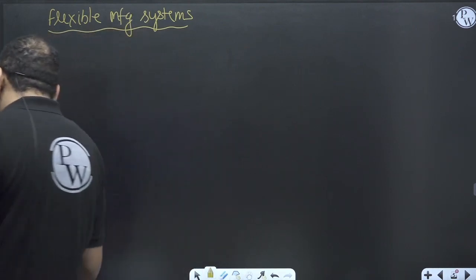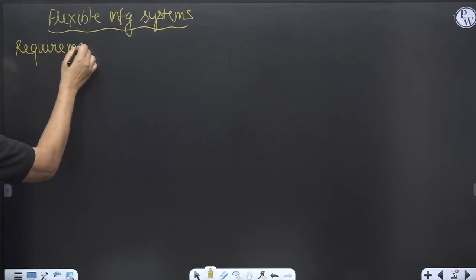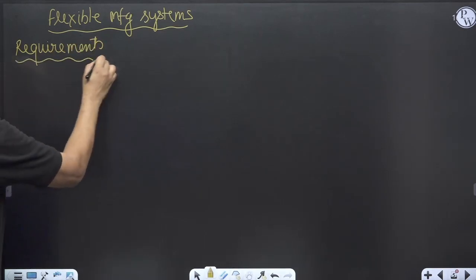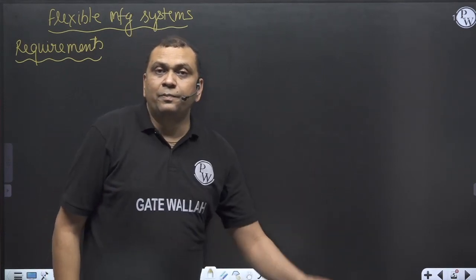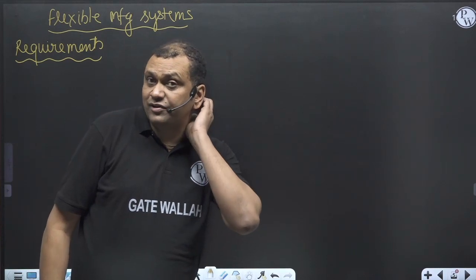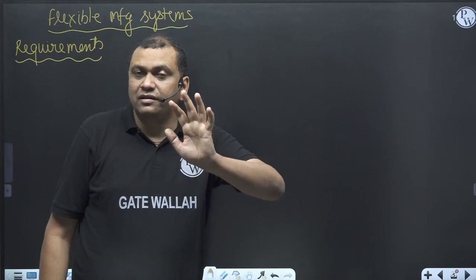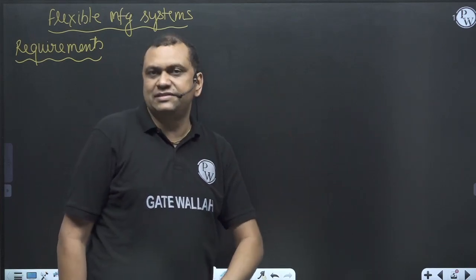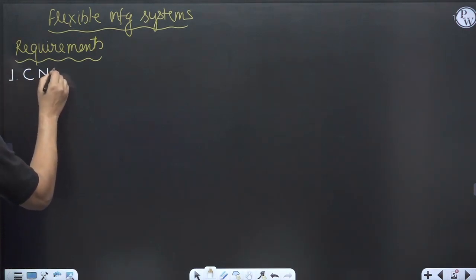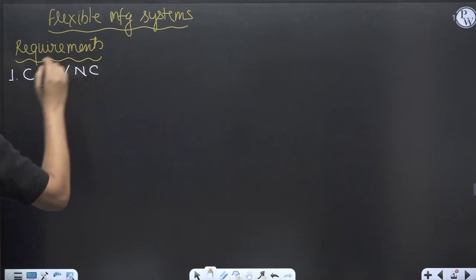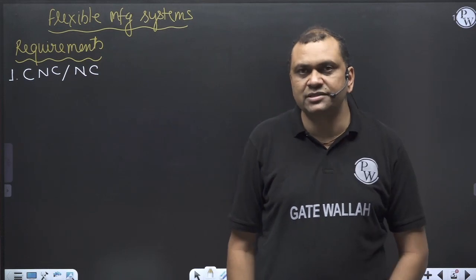So what are the requirements of a flexible manufacturing system? Any production system can be converted into a flexible manufacturing system only when it has some facilities. First, all the machines should be NC or CNC.